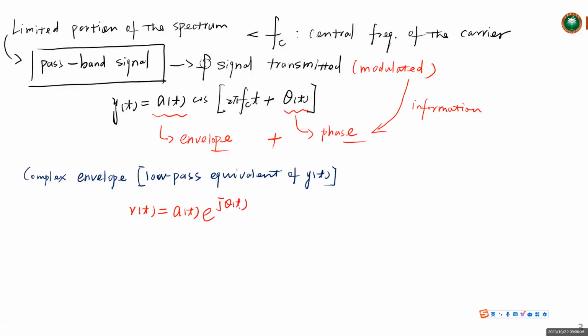The same thing here: because the signal is a real signal, we transferred it to the cosine function, but here we use the exponential part. It can be expressed by this equation, and it will always be possible to recover y(t), the transmitted signal, from the complex envelope.